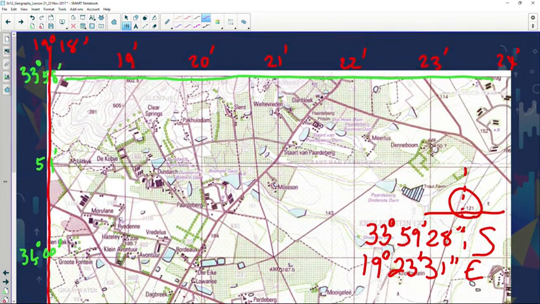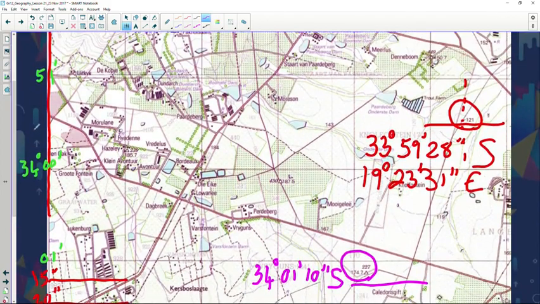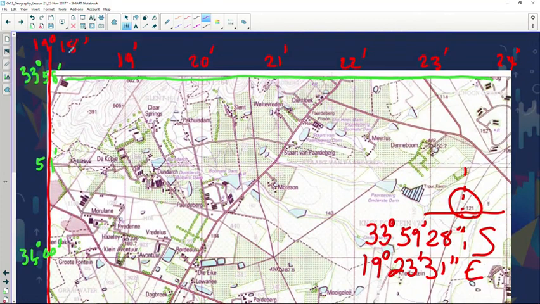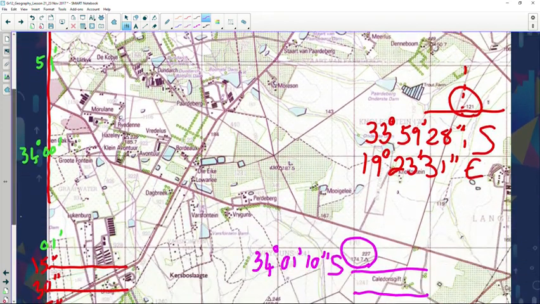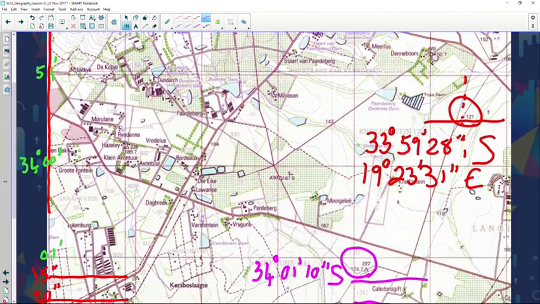Now let's quickly go and have a look at the longitudinal position. This is 19 degrees, 18, 19 minutes, 20 minutes, 21, 22 minutes. Just check.